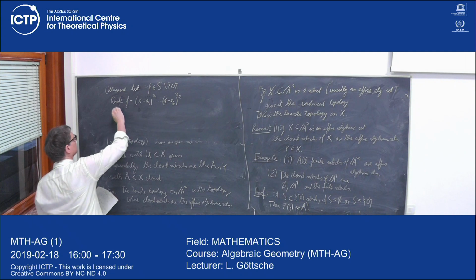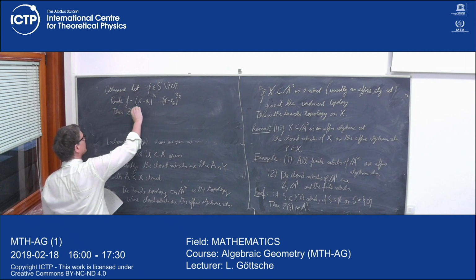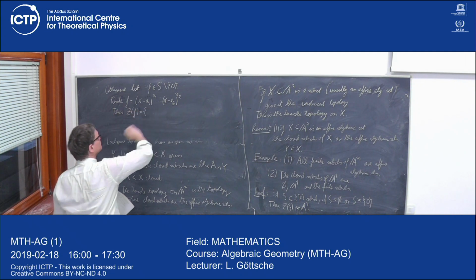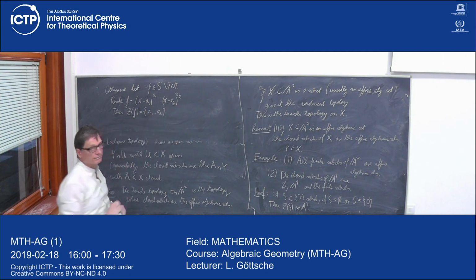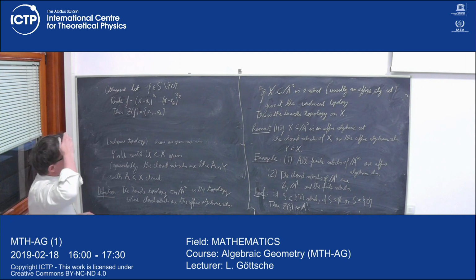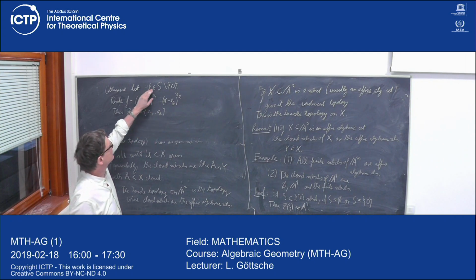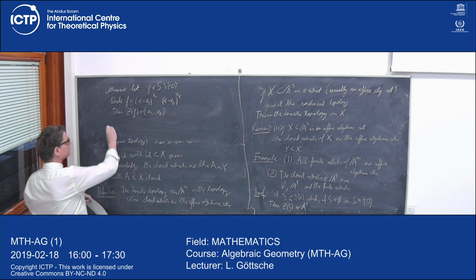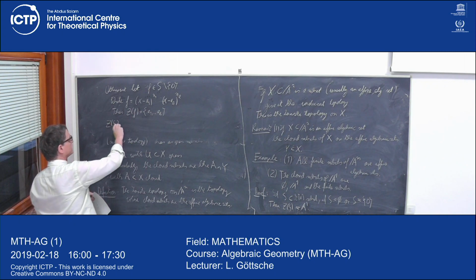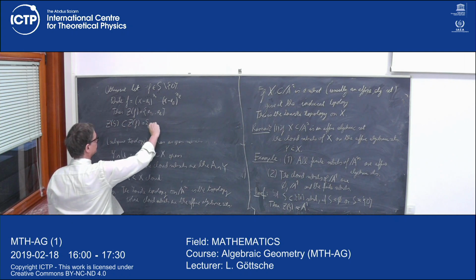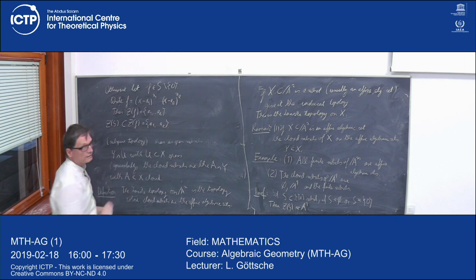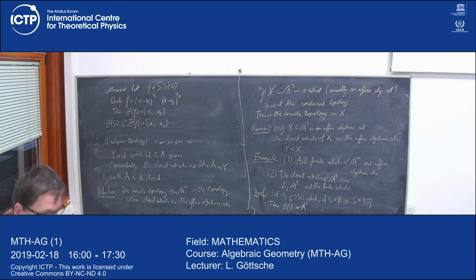Then the zero set of F is equal to {A1, ..., AL}, which is a finite set. And F is an element of S, so the zero set of S is contained in the zero set of F.